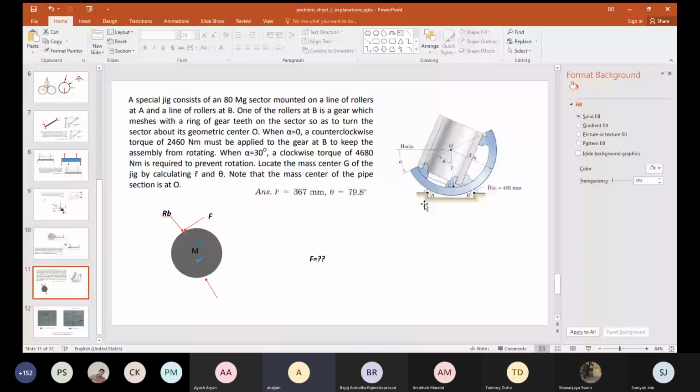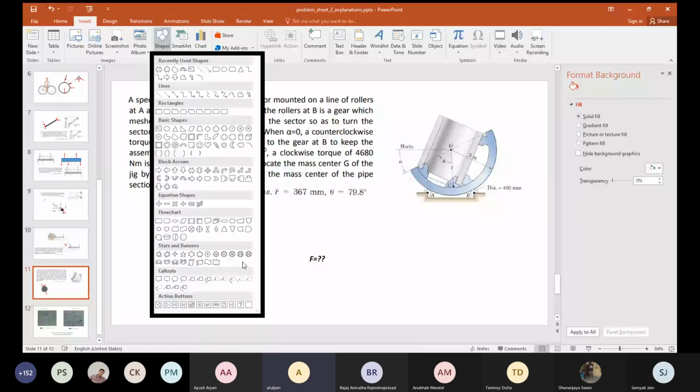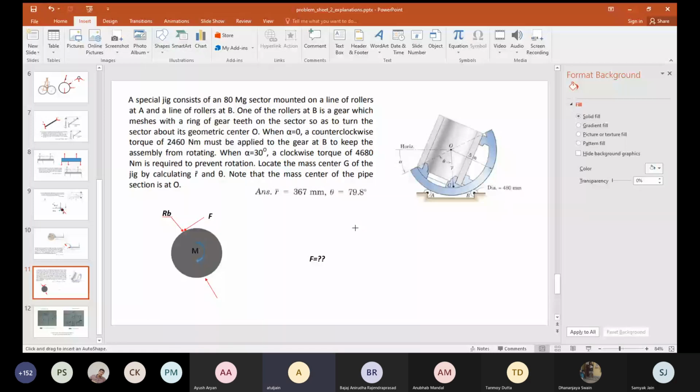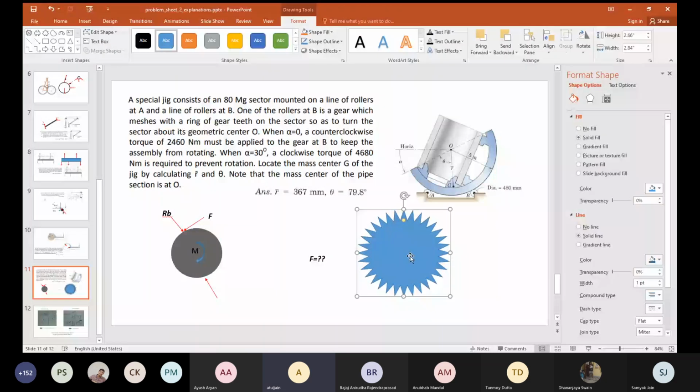First of all, try to imagine what the free body diagram of the gear will look like. We draw the gear like a circle, but it is actually not a circle. A gear will actually look something like this. It has many teeth. Out of the auto shapes, this is the closest.